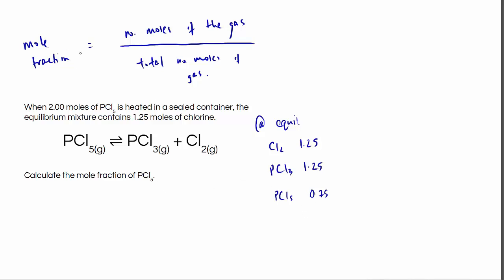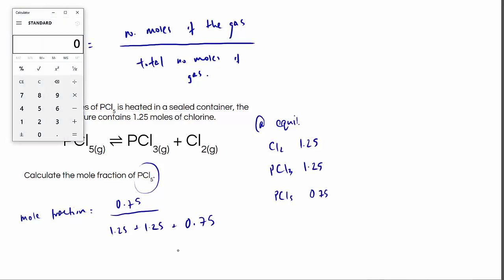So my mole fraction of PCl5, so it's PCl5 I'm looking at, my mole fraction is going to be 0.75 divided by 1.25 add 1.25 add 0.75. So that's going to be what? 2.5, 3.25. Do this as is. 0.75 divided by 3.